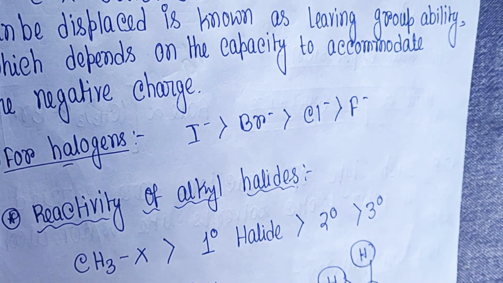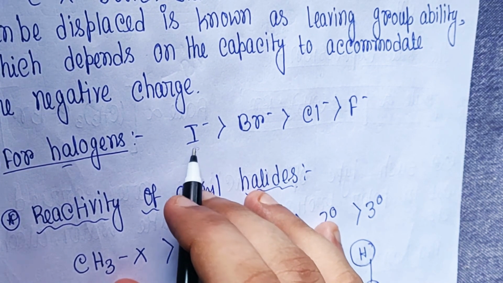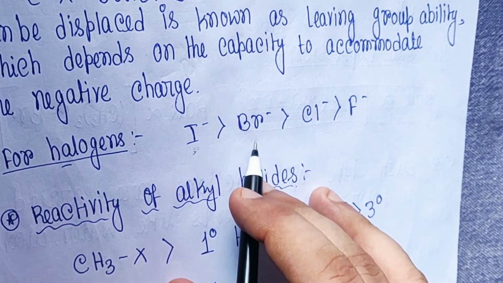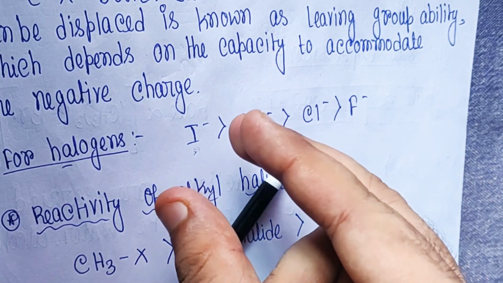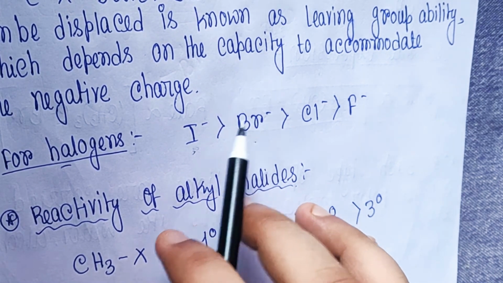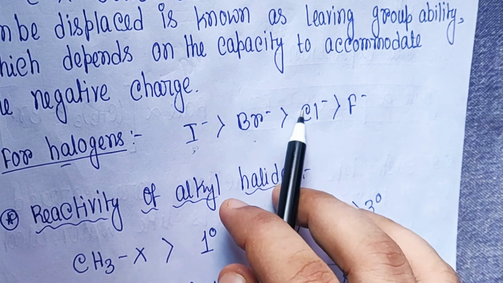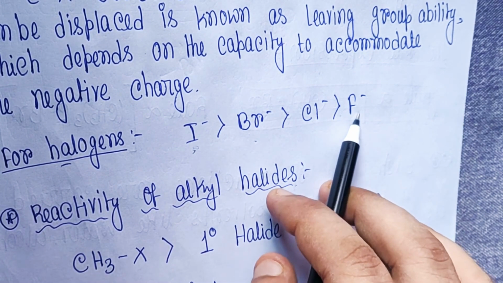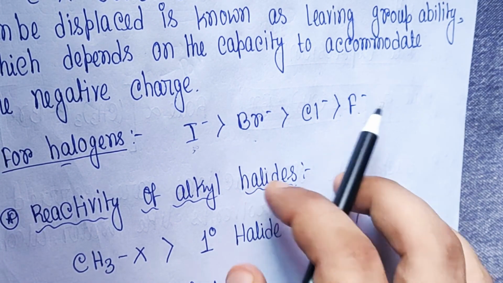For that reason, I minus is a very good leaving group. After that comes Br minus, which has a smaller size, so its ability to accommodate this minus charge is less than I minus. Thus it goes to Cl minus and F minus. I think you are okay with this.